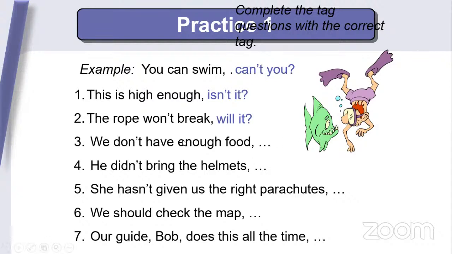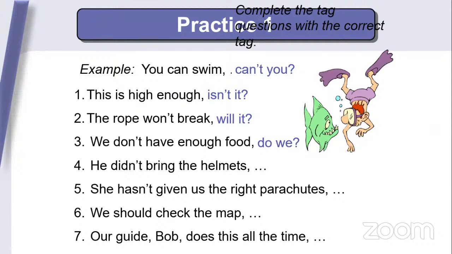Remember that we have to use the same, right? It would be do we, right? Okay. Yes, the next one.